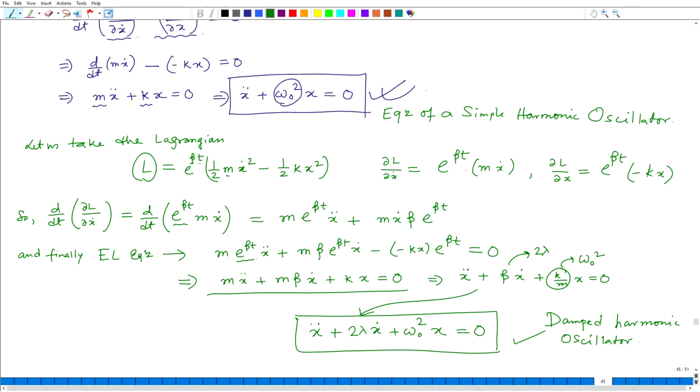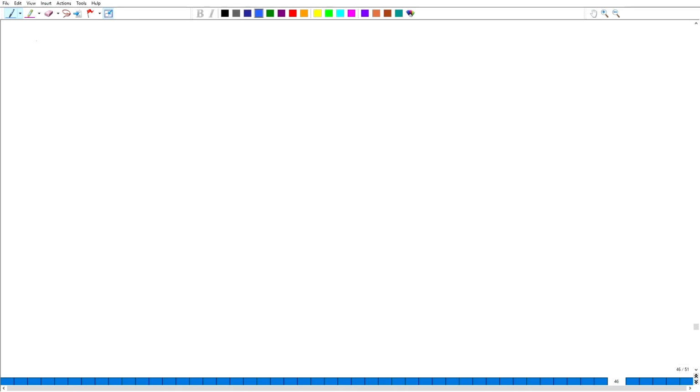Okay. I am going to another example where you will again have a little bit of strange feeling. So, I use again the blue color. So, we now take the Lagrangian, L is equal to half m x dot square minus half k x square plus x f, which is a function of t only.